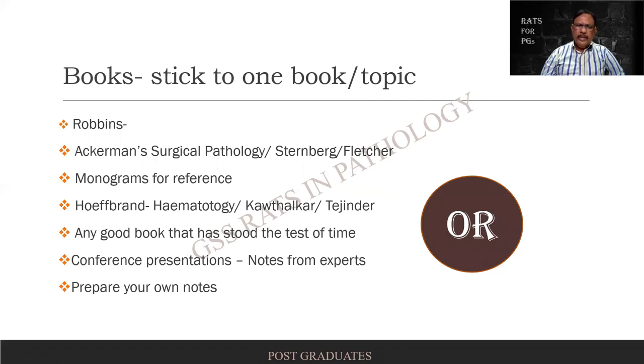For hematology, it can be Hoffman, and then a reinforcement with Kaultalkar or Tejinder Singh as a revision. What is a good book? Any book that has stood the test of time is a good book. So please do not change your book. By this time, you are the best judge and you are very familiar. In fact, read from your own Robbins rather than from your friend's Robbins.